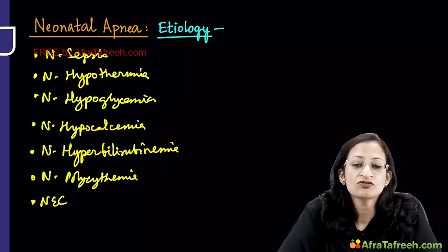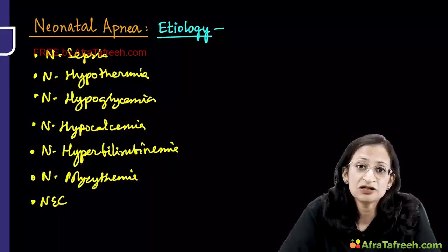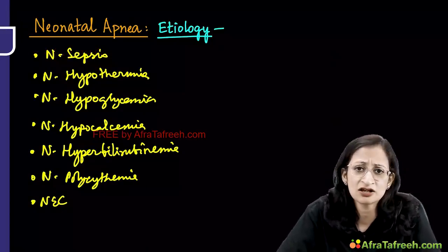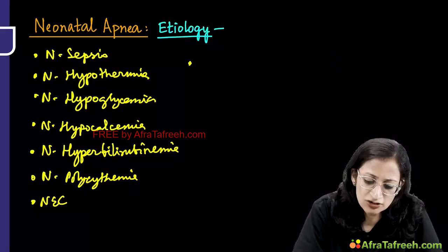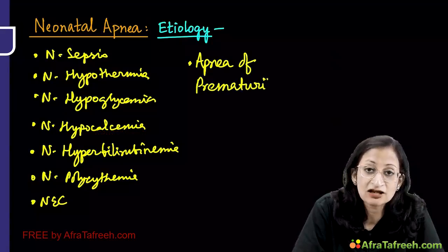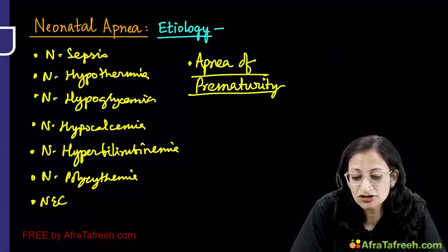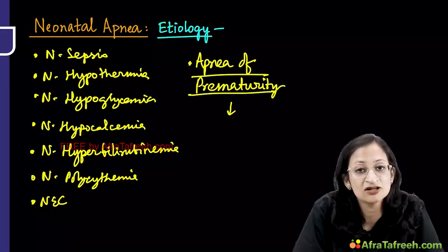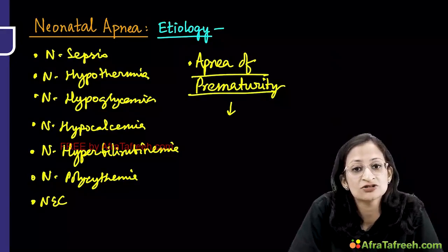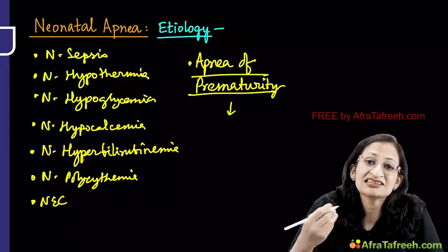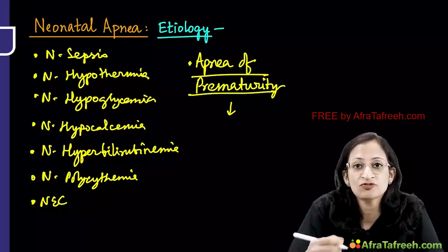If you are not able to find any other cause for apnea in a preterm neonate, but the baby is having recurrent apneas again and again, you think of a condition that is known as apnea of prematurity. So remember, this apnea of prematurity basically is a diagnosis of exclusion. So in a preterm neonate who is having apnea, if you check and see the sepsis screen is fine, there is no hypothermia, no hypoglycemia, calcium levels are normal, bilirubin levels are normal, hematocrit is normal, no features of NEC, still the baby is having apnea, then you call it apnea of prematurity.